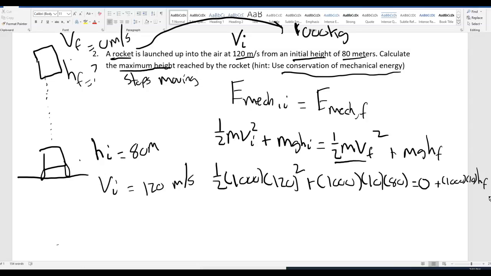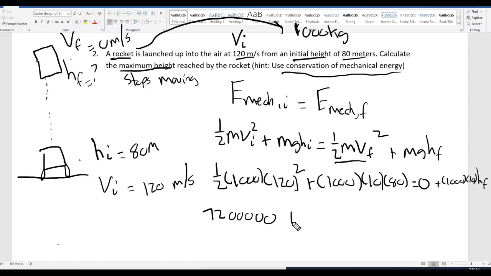Okay, and so now I'm just going to simplify. I'm going to use my calculator. 1/2 times 1,000 times 120 squared, I get 7,200,000, sorry, 7.2 million.